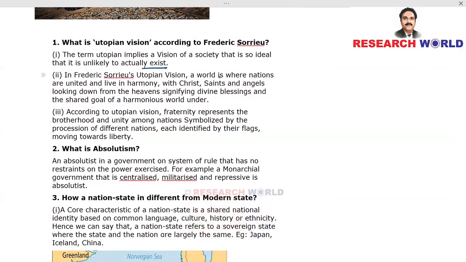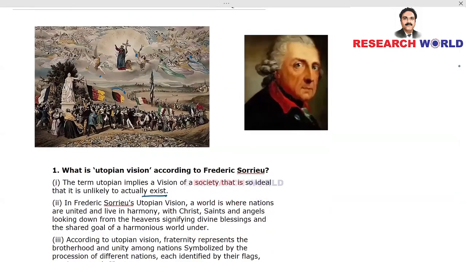It is an idealistic view. In Frederick Sorrieu's utopian vision, a world is where nations are united and live in harmony with Christ, saints, and angels looking down from heaven.